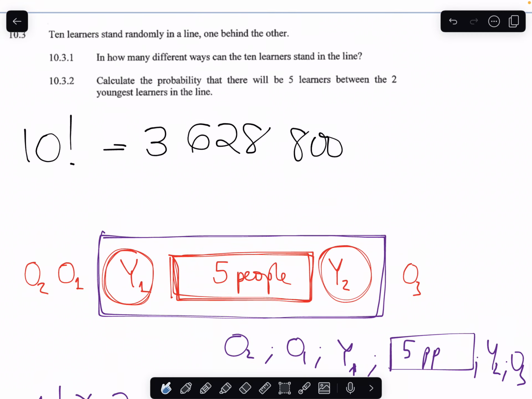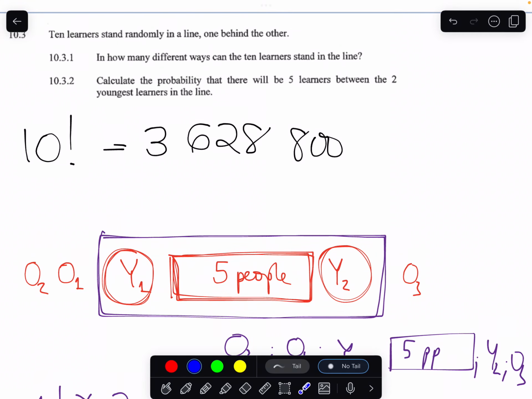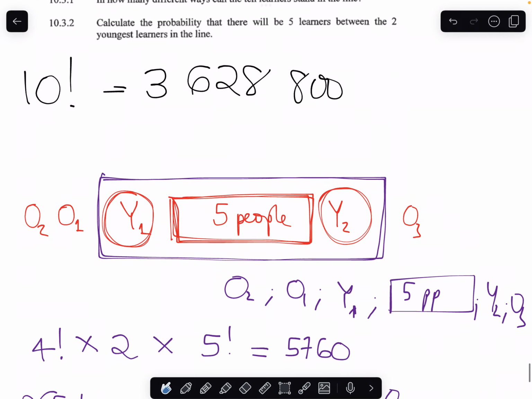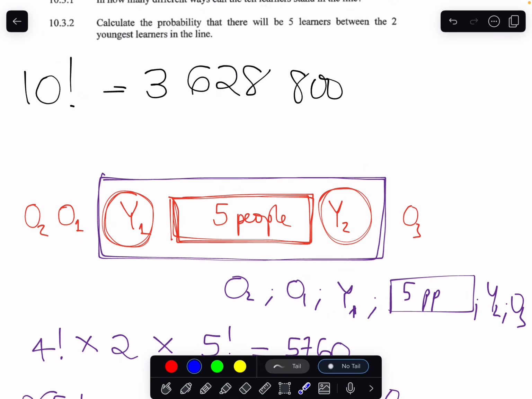Okay, so I'm saying that, I mean, I have a suspicion. So first we put 5 people into a block.